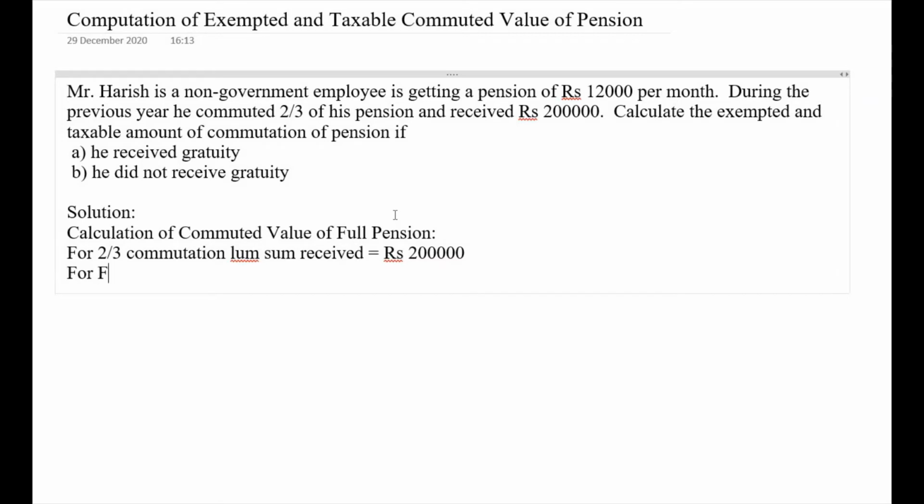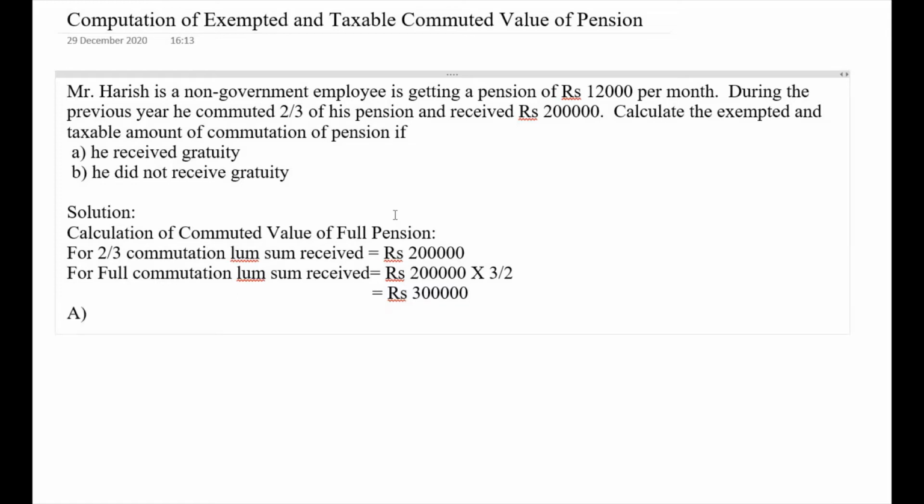So for full commutation, lump sum received equals rupees 2 lakhs into 3/2, the numerator and denominator of 2/3 being swapped, that equals rupees 3 lakhs. So this is the commuted value of full pension.